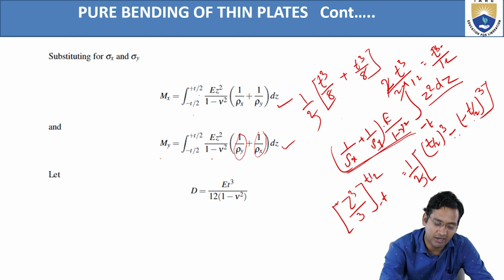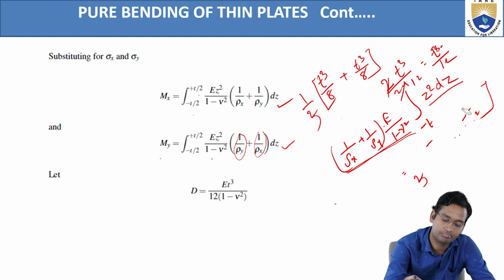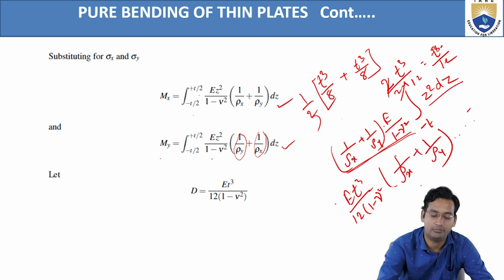Now t cube by 12 is multiplied here. So let's see, after multiplying t cube by 12, what we will get: E t cube by 12 into 1 minus nu square, into 1 by rho x plus 1 by rho y, right?